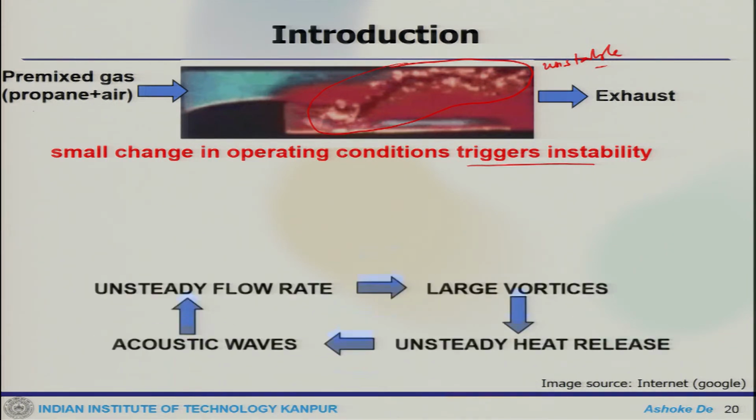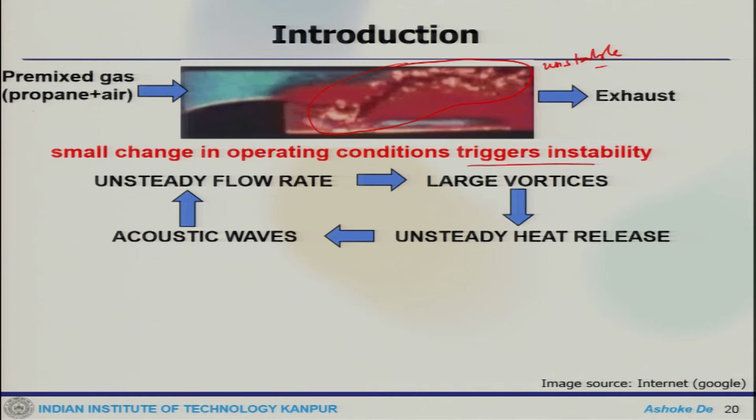What happens there is that you have some unsteady flow rate. As I said, it is a dynamical system coupled with so many different scales and different phenomena, not only fluid mechanics, but reactions, heat transfer, mixing, everything. So, there is an unsteady flow rate, and the unsteady flow rate will have large vortices.